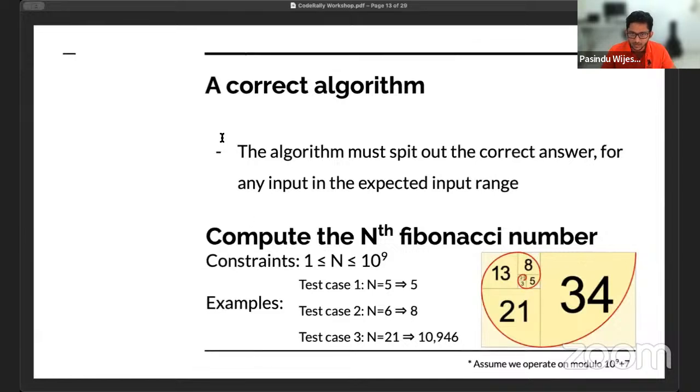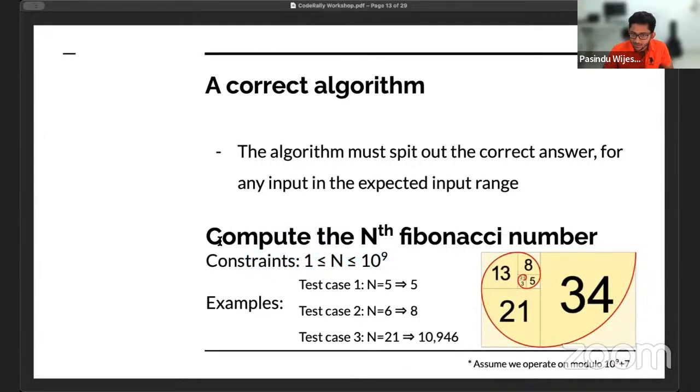Let's have a brief look at what a correct algorithm is. When I say a correct algorithm in the context of competitive programming competitions, correctness means that your algorithm, and in the end the program that you write, should be able to spit out the correct answer for any input in the expected input range. In the problems that you get, you usually get a set of constraints.